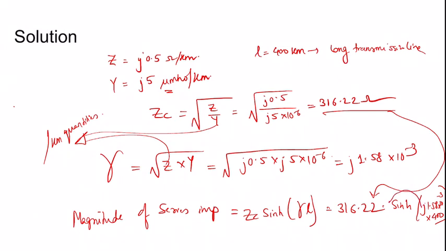Now this j or i can be taken outside, which gives j316.22 sin of 1.58 into 400 into 10 to the power minus 3.